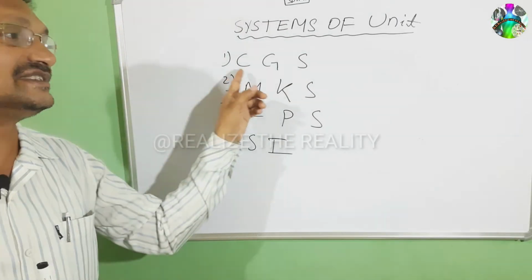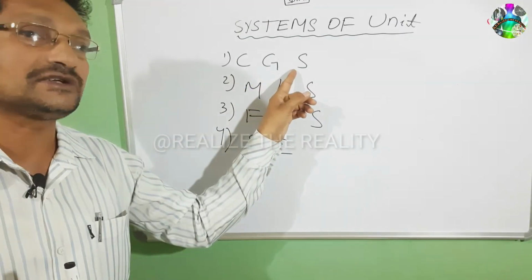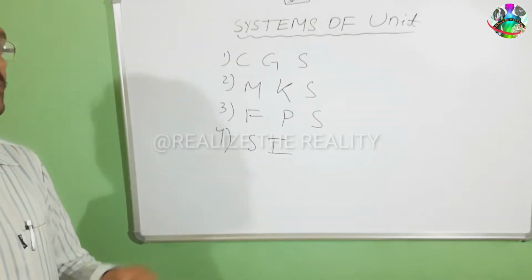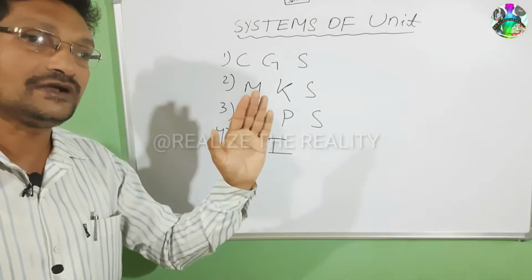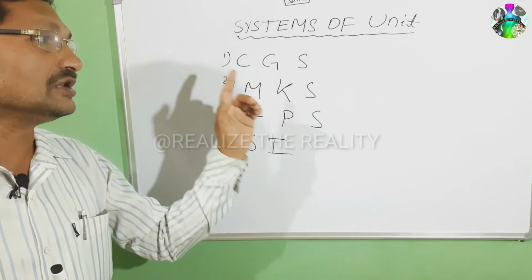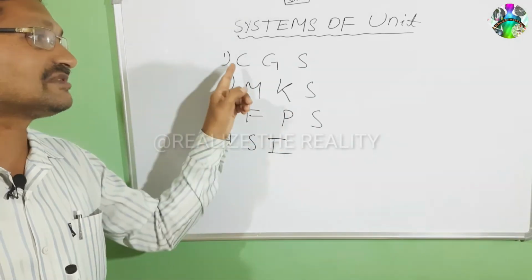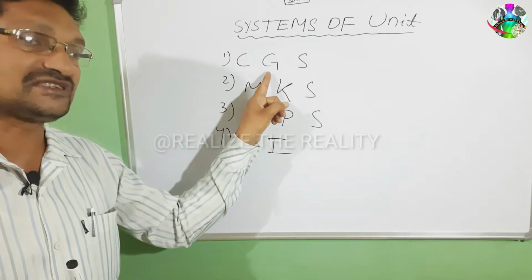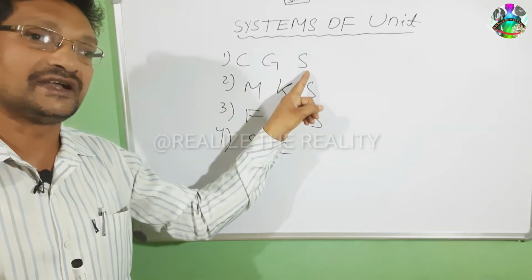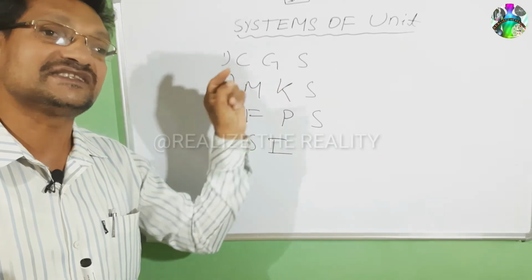First system is the CGS system. What is CGS system? CGS system is called the French system. Here the fundamental quantities are mass, length, time, as we have already studied. When the length is expressed in centimeter, mass in gram and time in second, then we can say it is the CGS system.